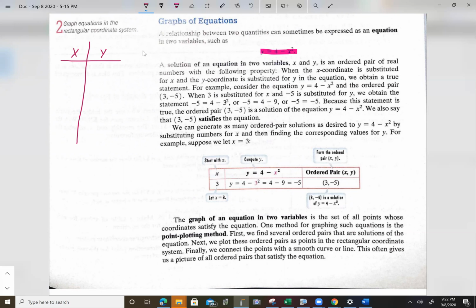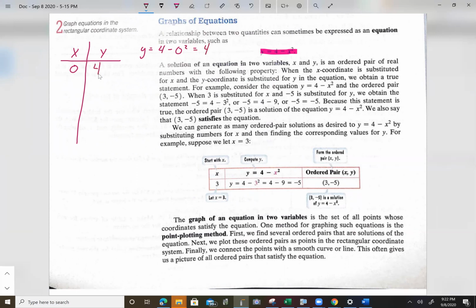So if y is equal to 4 minus x squared, if I make x 0, if my input is 0, and I do 4 minus 0 squared, my output is just going to be 4.